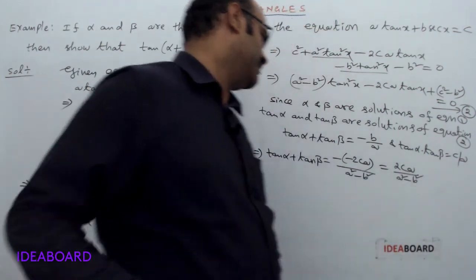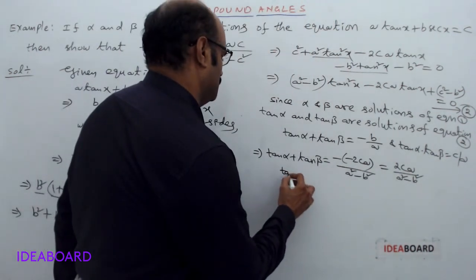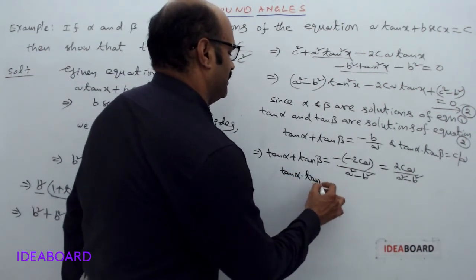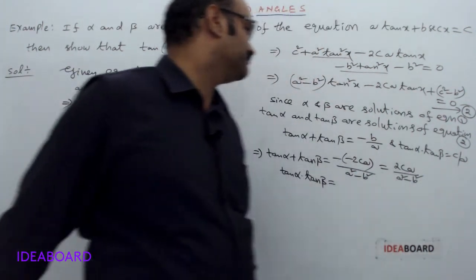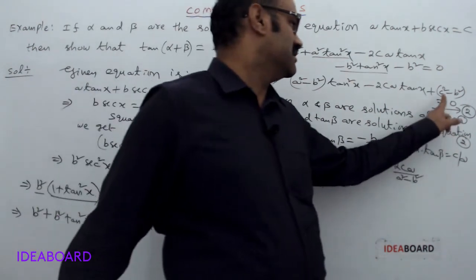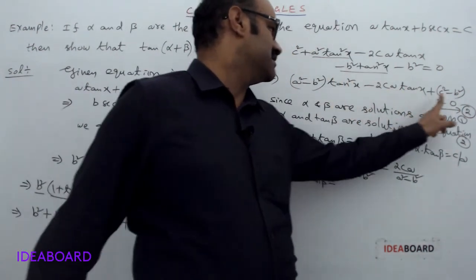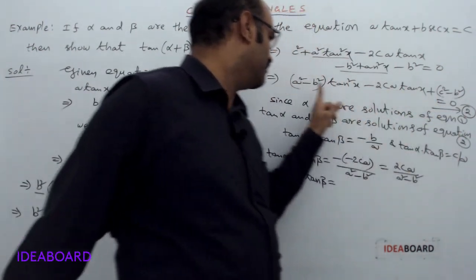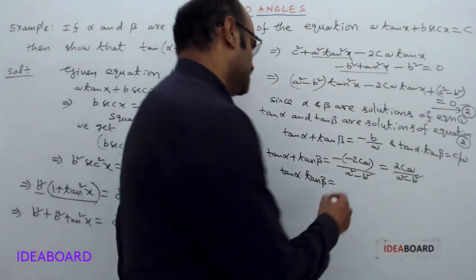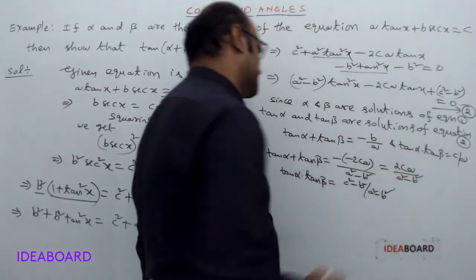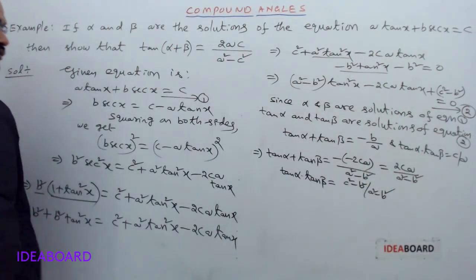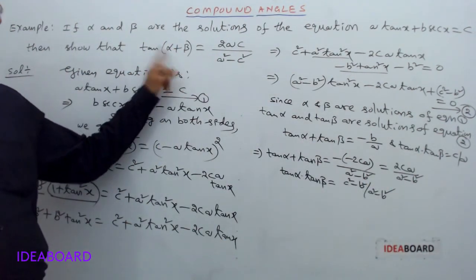Then tan alpha into tan beta equal to c by a, here we have c square minus b square by a square minus b square. Now we have to find tan of alpha plus beta.